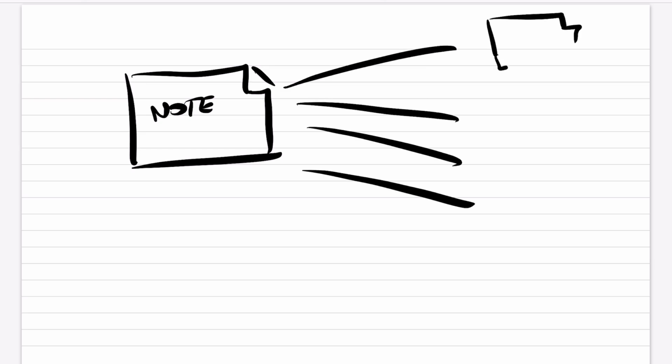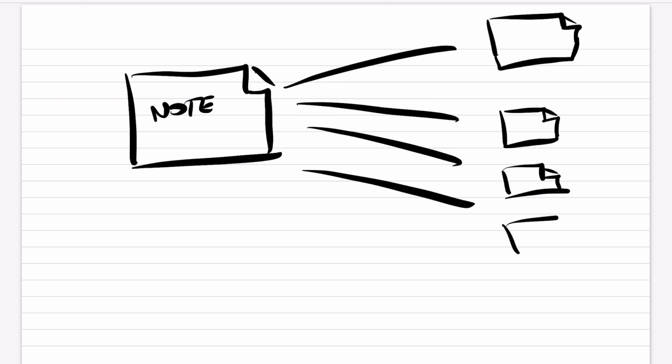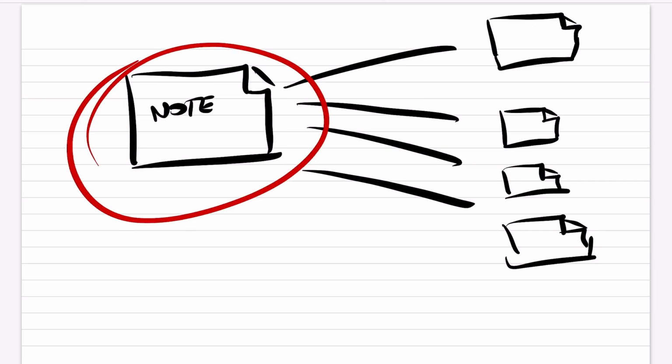So let me draw that here. Let's assume you have a note that has a lot of connections to other notes. Well, what does that say? It says that this note is quite valuable, and there is a lot of potential behind it. Once you understand it, we're going to see how to link between notes in just a few moments.